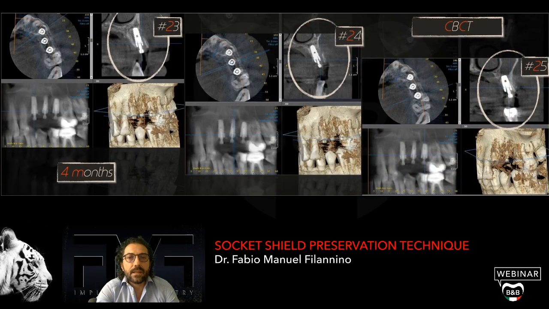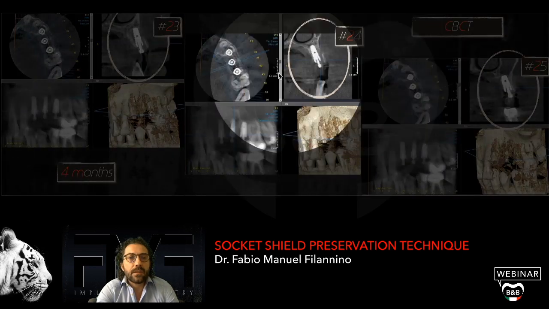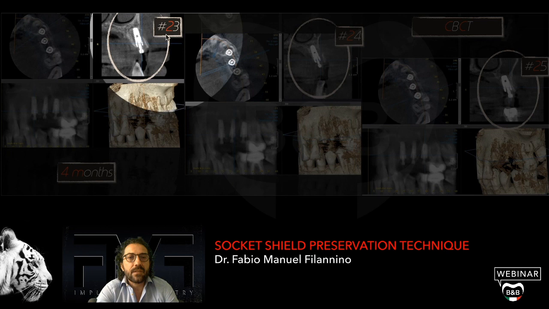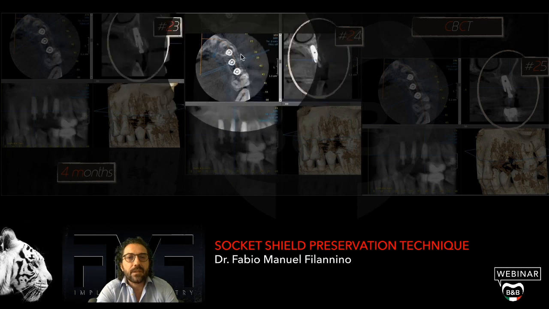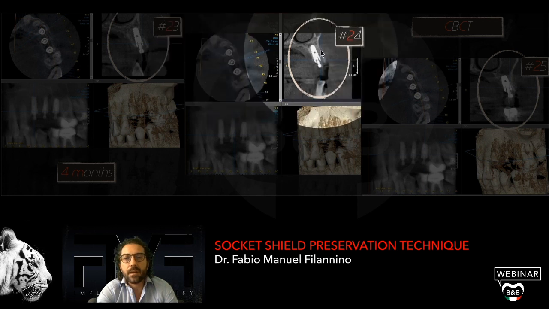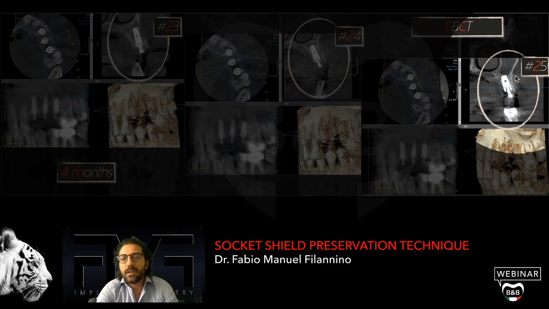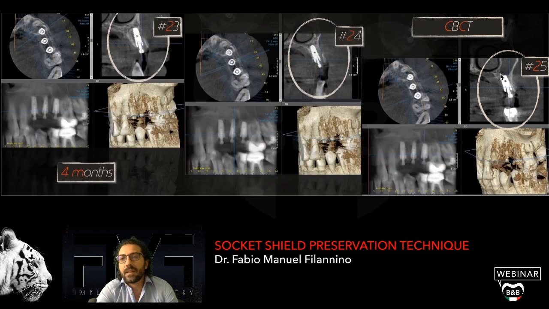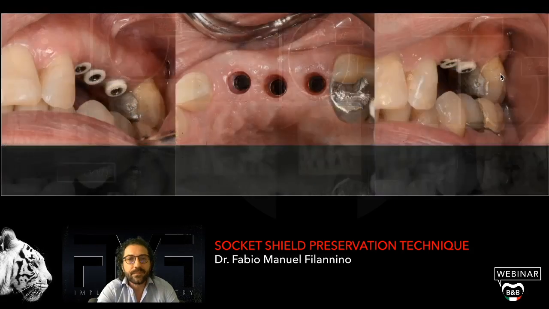When we look at the CBCT, of course, we can see that everything is going well. The bone is still preserved, and on the buccal aspect we can see the shield with bone between the shield and the implant. And where we did the crestal sinus lift, we see bone until the apex of the implant.